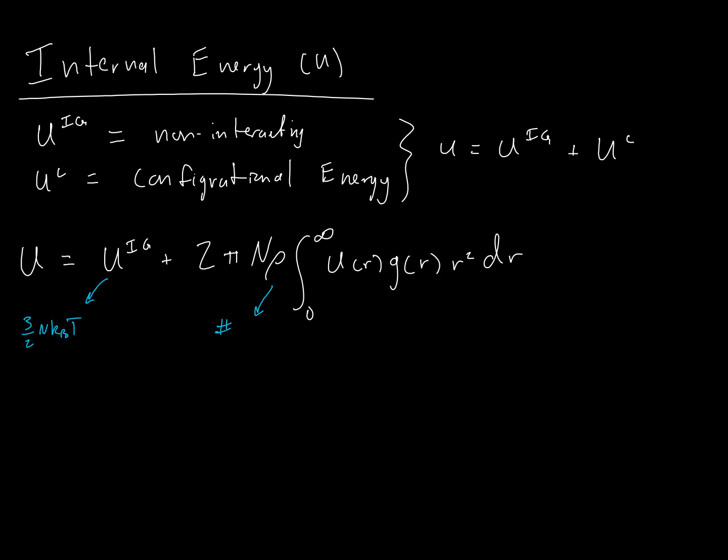Rho is the number density, the number of particles per unit volume. The U of r is our binary interaction, or binary pair potential. G of r is our radial distribution function. And then r squared and dr are the parameters that we're integrating across, the separation distance.